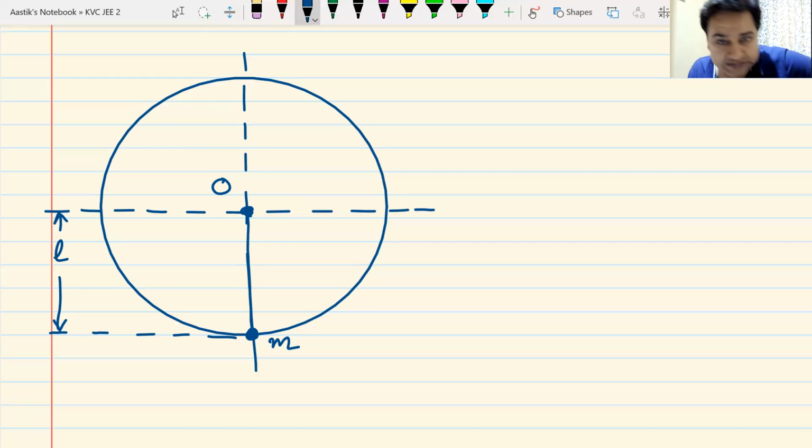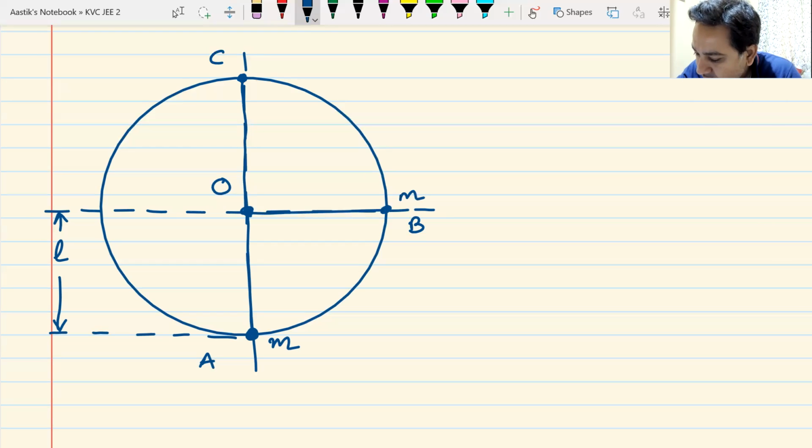Now let us analyze the entire thing. Let us first name these points. This is point A. Then after some time it will reach point B. After some more time, if possible, it will reach point C. And after some more time, it will reach point D.